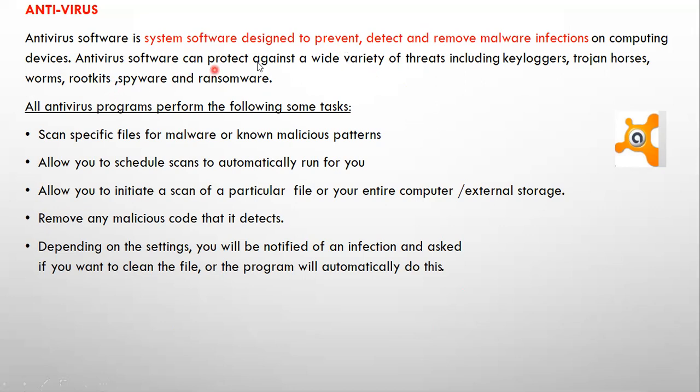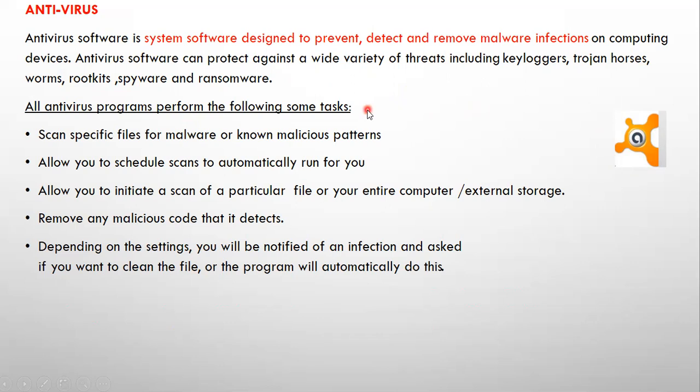An antivirus software can protect against a wide variety of threats, also including keyloggers, Trojan horses, worms, rootkits, spyware, and ransomware. It depends on the antivirus system you purchase. The one we're using currently is Avast. It can protect your computer from a wide variety of threats.